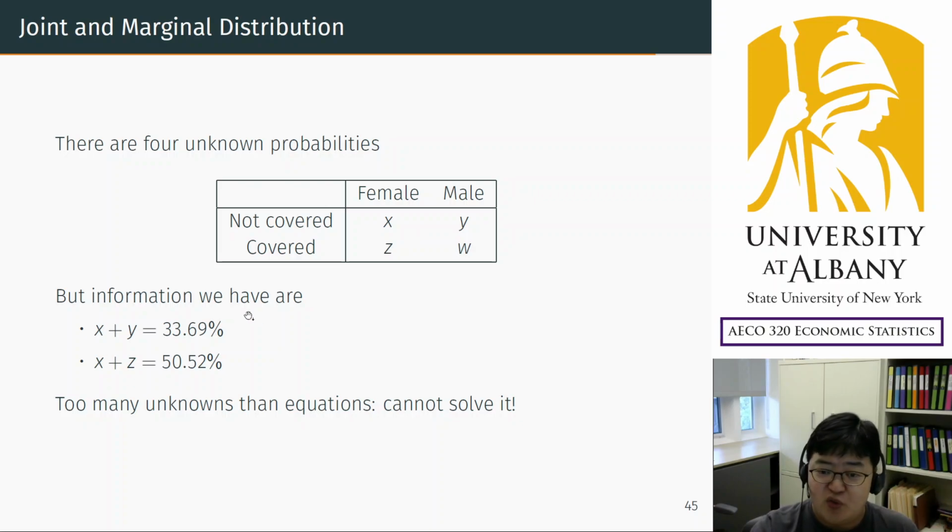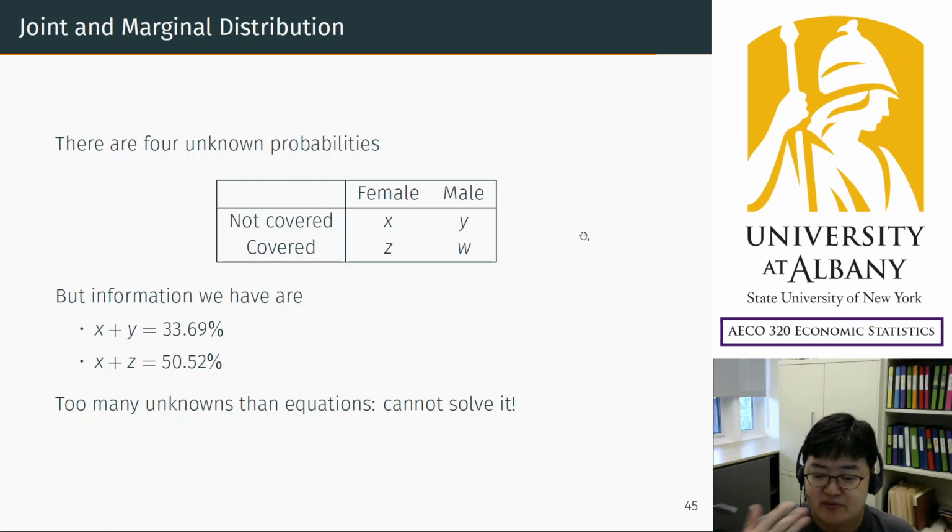And the information we have is that the probability of not having health insurance is 33.69%, and the probability of female, x plus z, is 50.52%. So this is our information: 2 equations, and there are 4 unknowns. We cannot solve them.